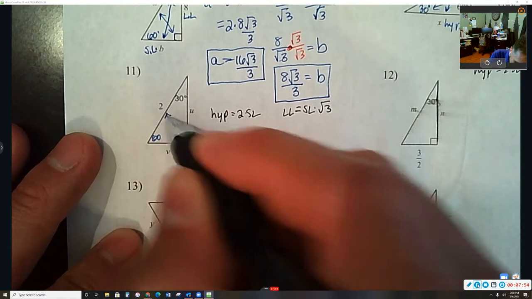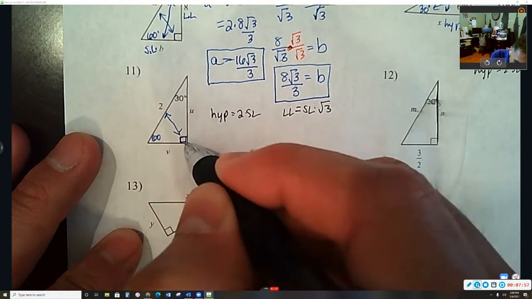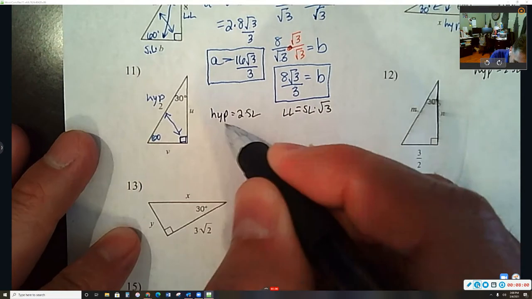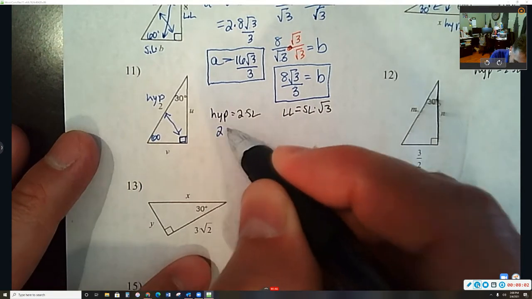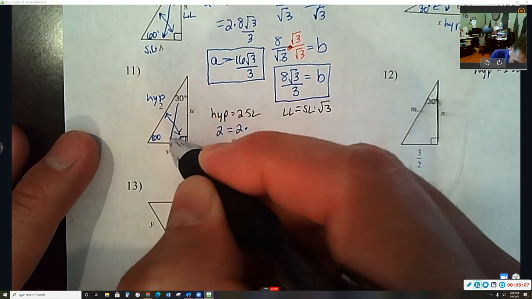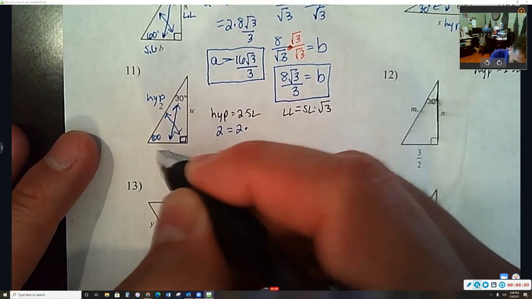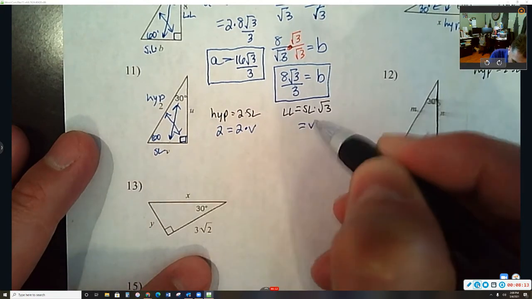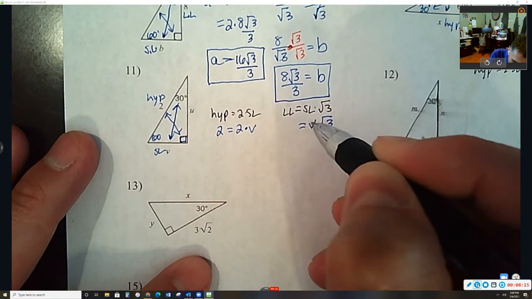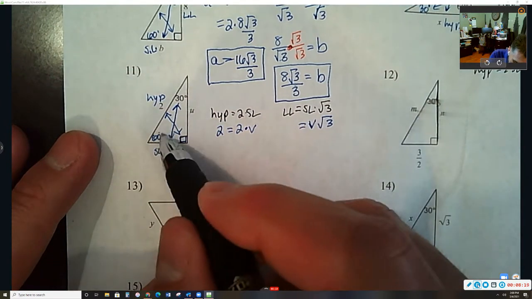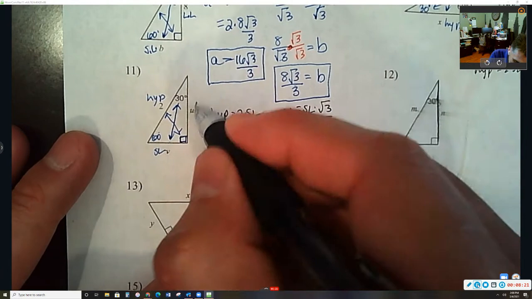So I'm going to go across the right angle, or the 90-degree angle, to figure out that's the hypotenuse. So the hypotenuse is 2, and then the short leg is across 30 degrees. So the short leg is v. And then the longer leg, which is across the 60-degree angle, is u.